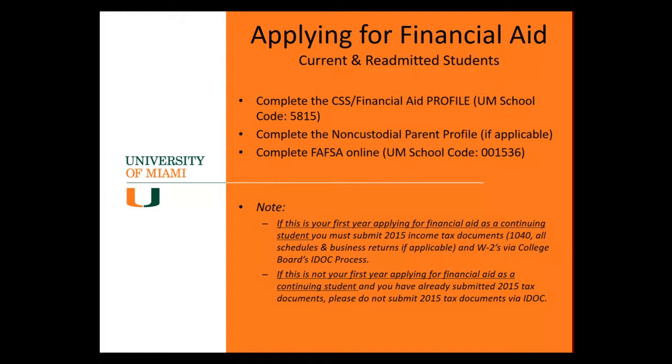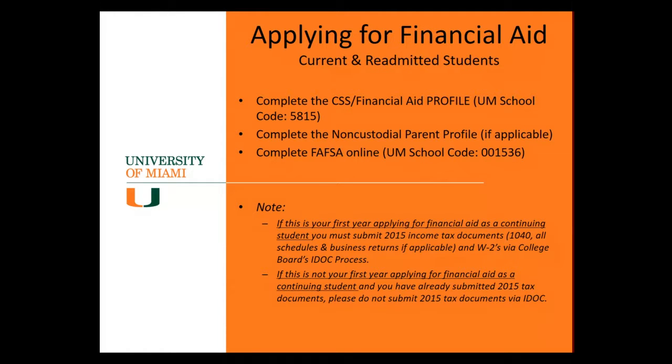In addition, you need to make sure that the FAFSA application is completed and our school code is 001536. Okay. I do see a variety of questions in terms of your circumstances having changed between 2015 and 2016, and I will address those questions in the later part of this presentation.